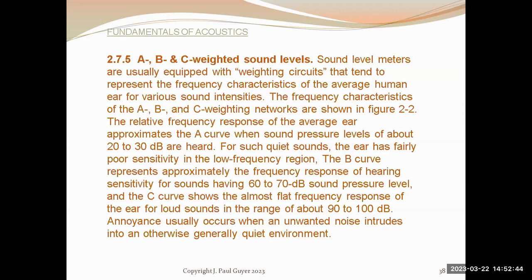But by setting the ABC knob to A, B, or C, you are filtering out a certain amount of the sound at certain frequencies that is being perceived. We'll talk more about that a little bit later on.